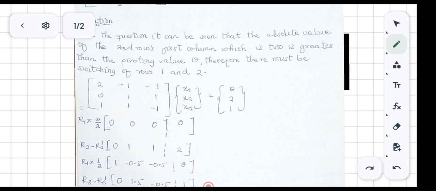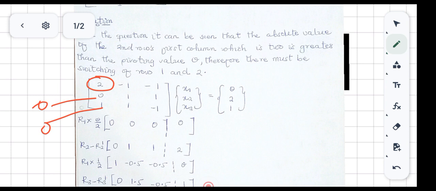Remember, this is now our pivot element. This 0 is already 0, but we also want to cause 1 to go to 0, right? So that is for the first step of forward elimination.